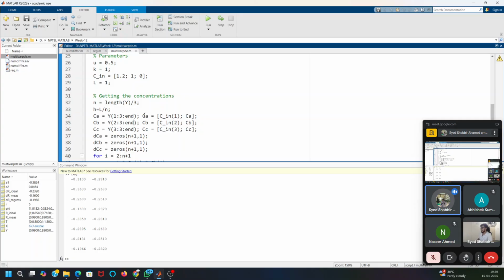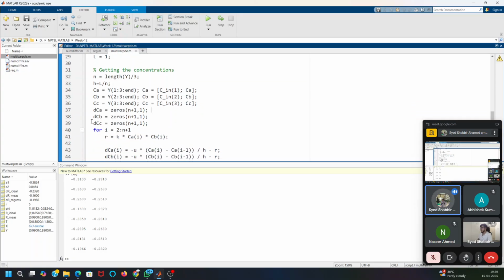Then we will concatenate this list of CA with the Cn values, and we will get the differentiation of CA with respect to T. We will define these vectors, each having n plus 1 differential equations, right? For CA, we'll have n plus 1 differential equations, because we have divided into n segments, so we'll have n plus 1 nodes.